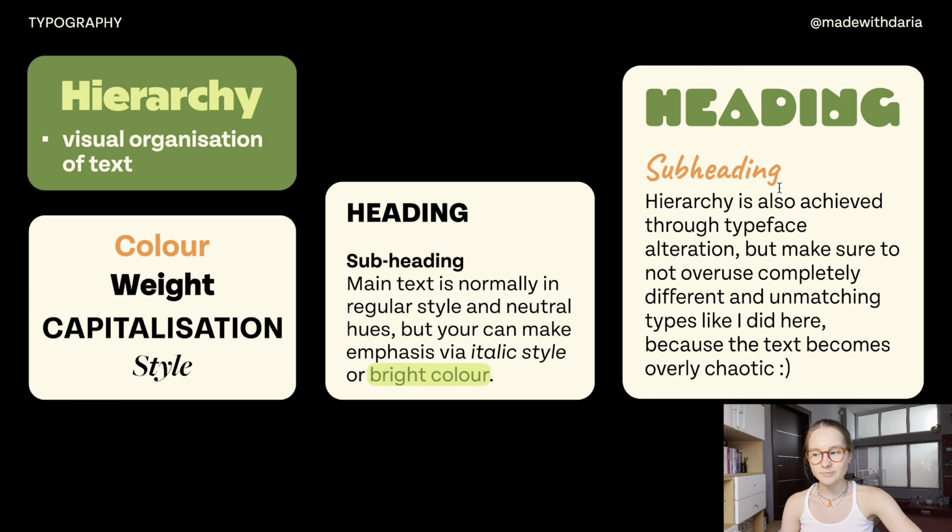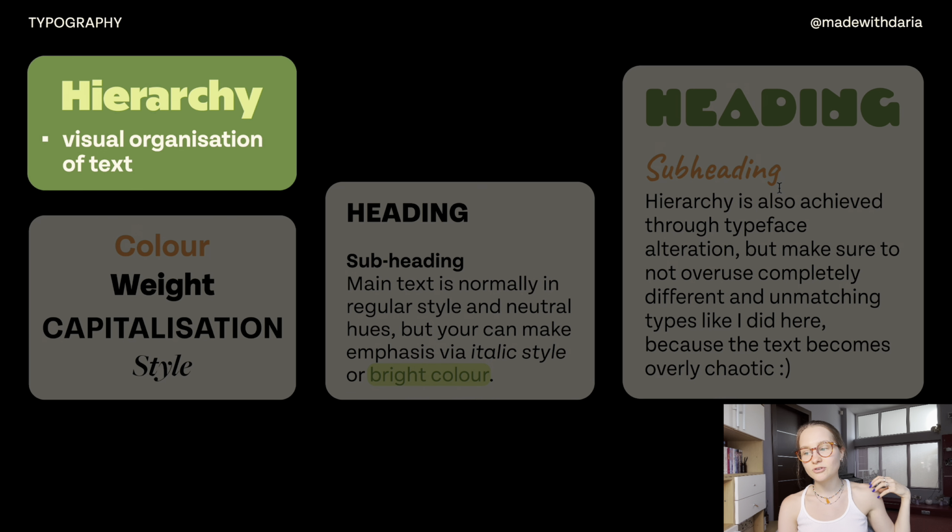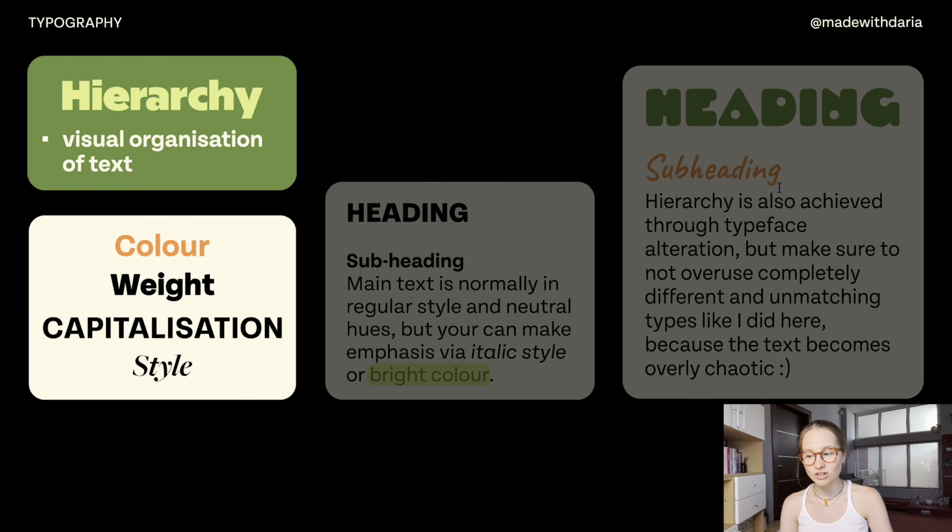Another technical aspect of typography is hierarchy. Hierarchy attributes to the visual organization of the text, and it can be achieved through color, weight, capitalization, and style. We touched upon styles when we were talking about the type family, typeface, and font definitions. A style is the italic, bold, medium versions of a typeface.